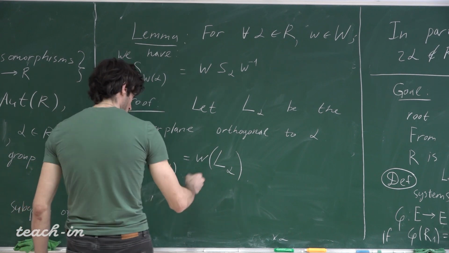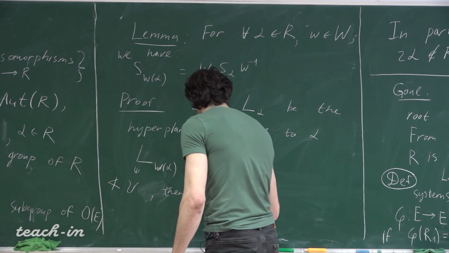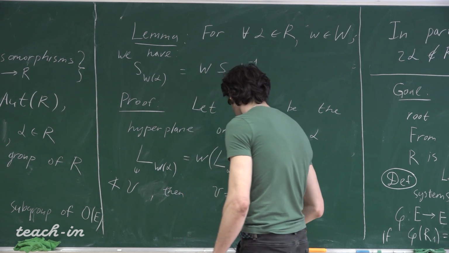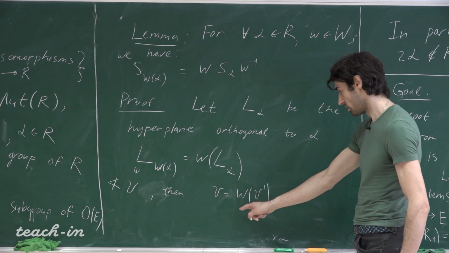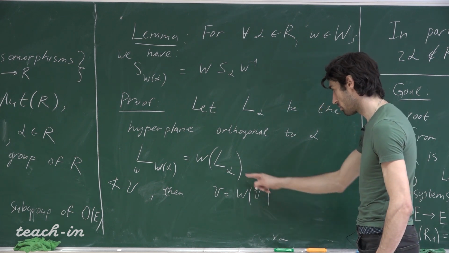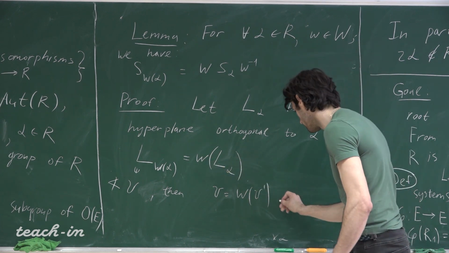Then, because of this, V is the image under W of some V prime, where V prime lives in L alpha.